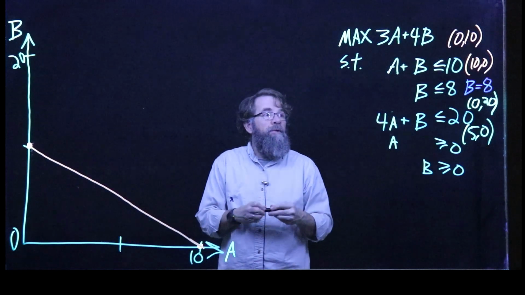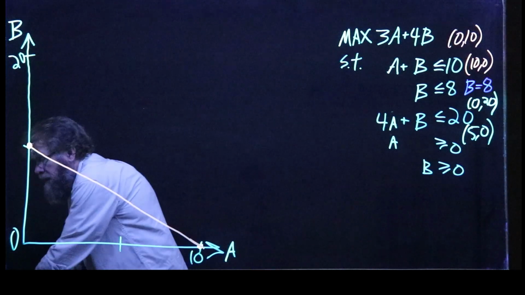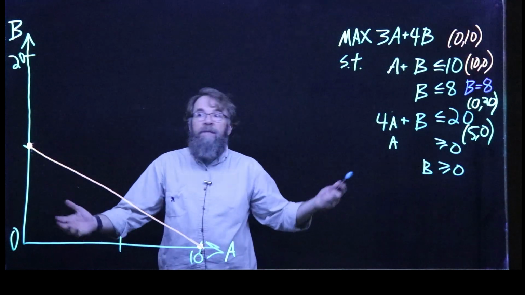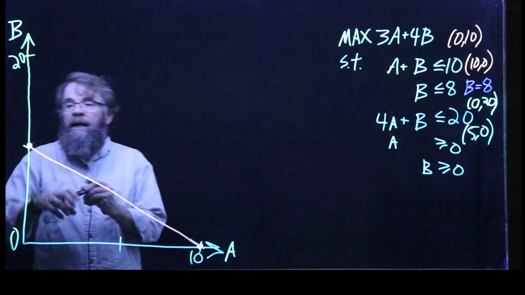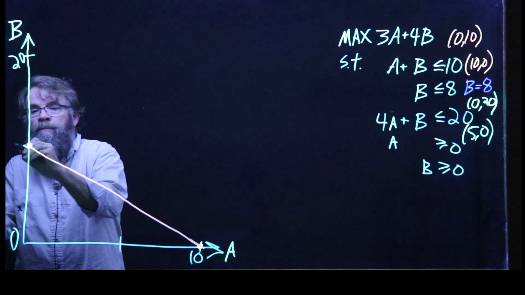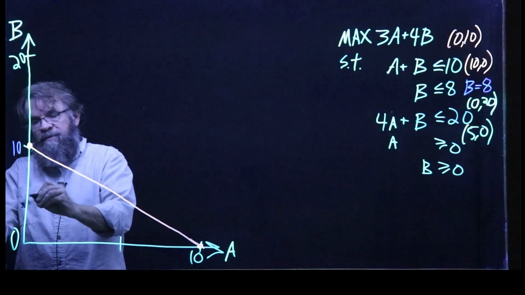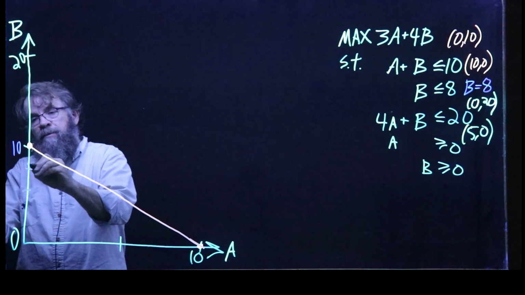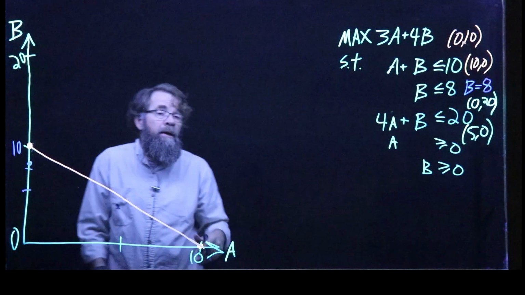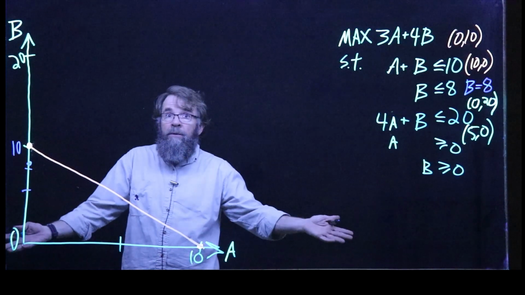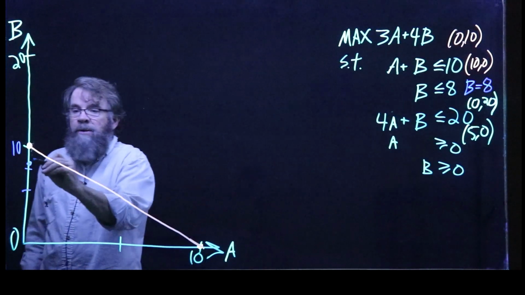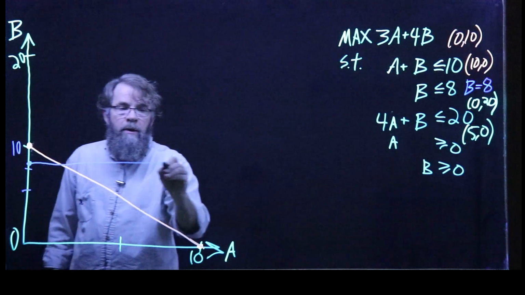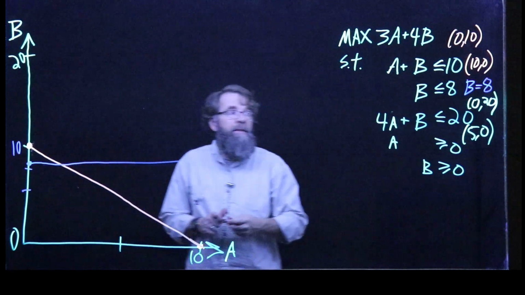So that's our first constraint. The second constraint, b is just always equal to 8. So if this was 10, then 5 would be around there, and 7.5 is around there, so 8 would be right around there. And no matter what a is, b is always equal to 8. So that will be a perfectly horizontal line, something like that.